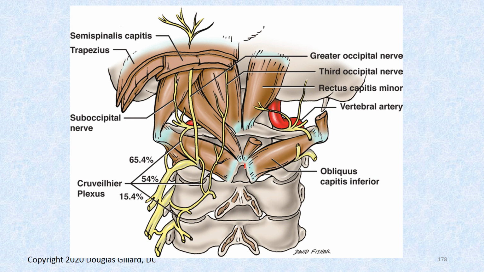So here's the C2 spinous process. There's the posterior tubercle. There's rectus capitis minor digging into that posterior tubercle here. We'll get into the members of the suboccipital triangle, but there is the C1 coming out right on the origin where the posterior arch arises from, the anteriormost portion of the posterior arch, and the vertebral artery comes out right between there.